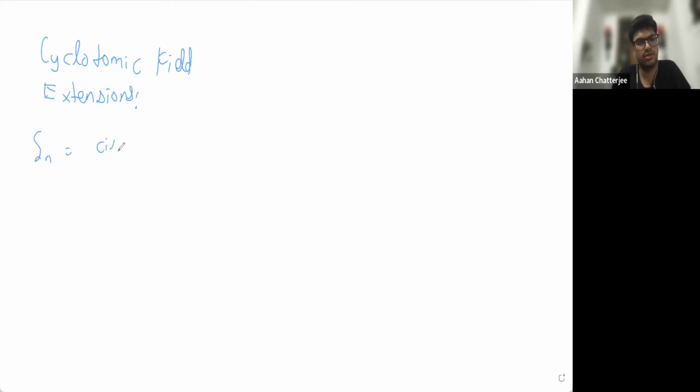So zeta n is cis 2 pi by n, and I'll call the cyclotomic polynomial, or the minimal polynomial of this, phi n of x. Okay. So now let us look at an application of this.